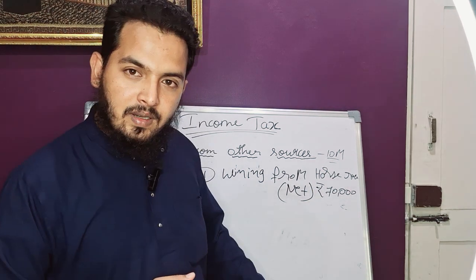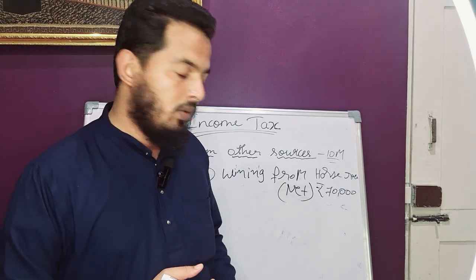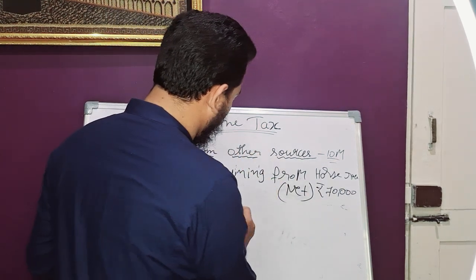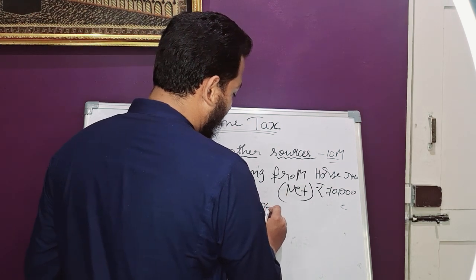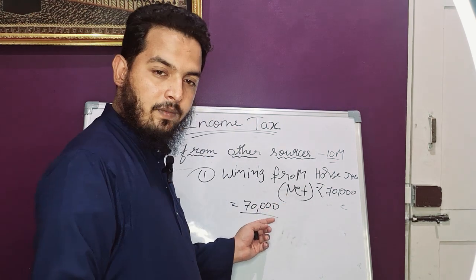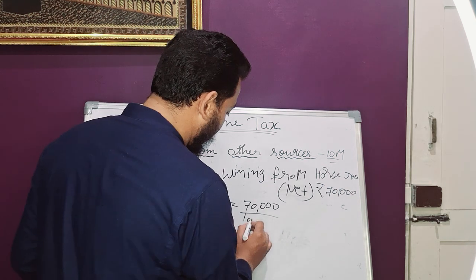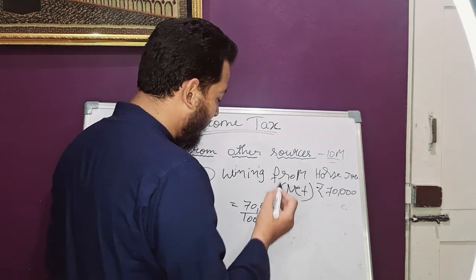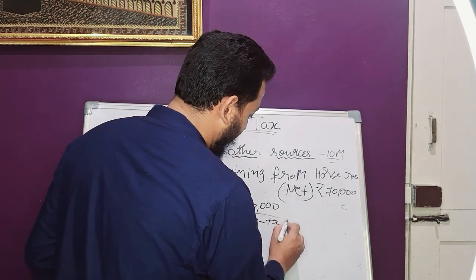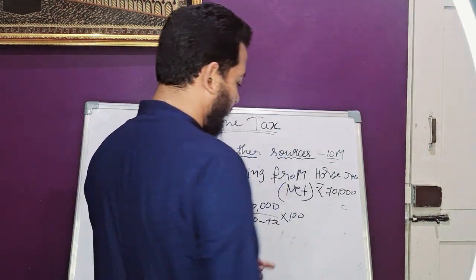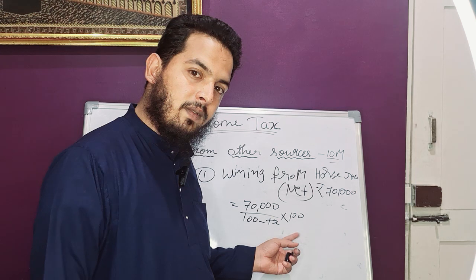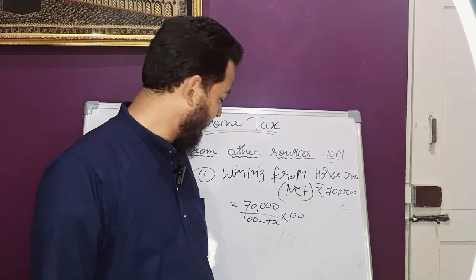To arrive at the gross up amount, it is very simple. Whatever amount they have given in the question, 70,000, divided by 100 minus tax, into 100, the percentage to which we are converting this.